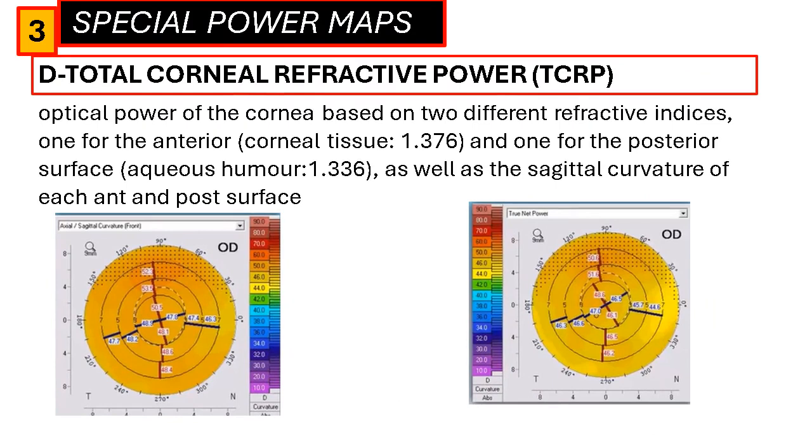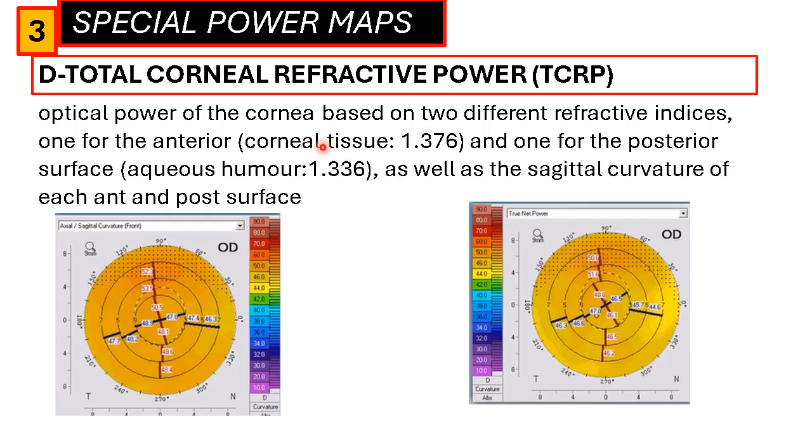The last of the special power maps is the total corneal refractive power map. It uses the same principle as the total net power map, in that it measures the power of the cornea from both the anterior and posterior surface using the real refractive index.